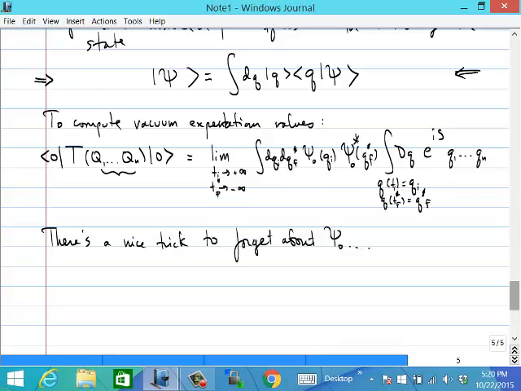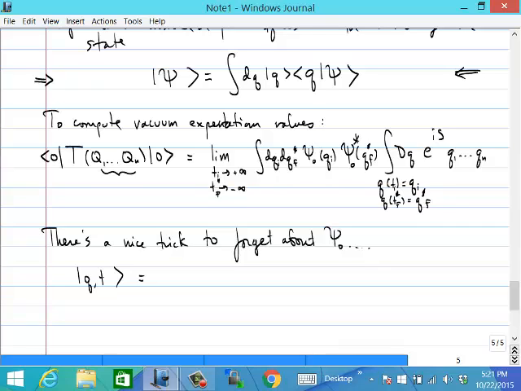But what I want you to imagine doing is taking some state, say the position eigenstate at time t. And I want you to imagine expanding this in terms of energy eigenstates.